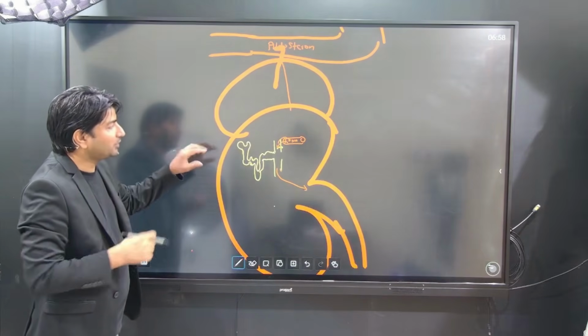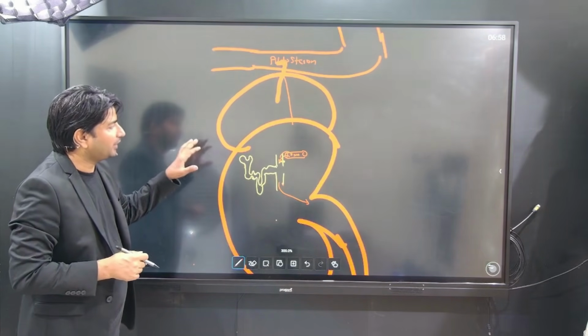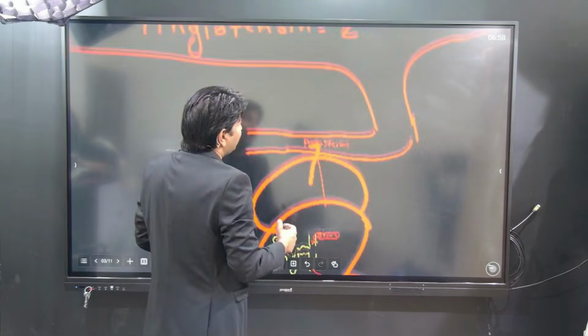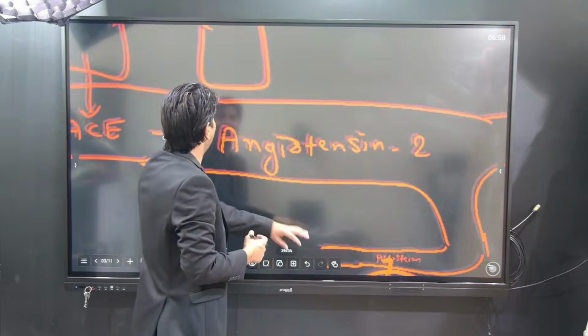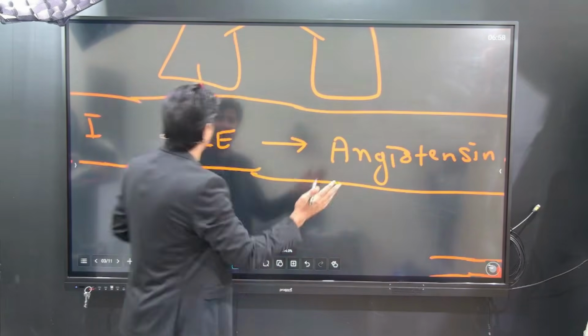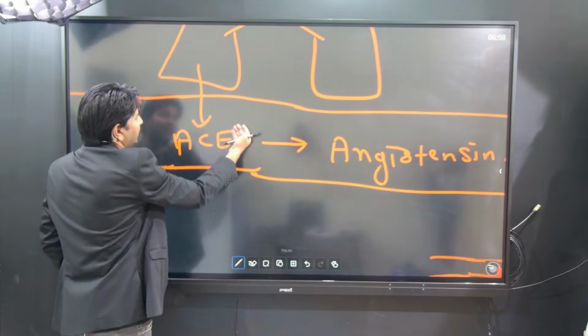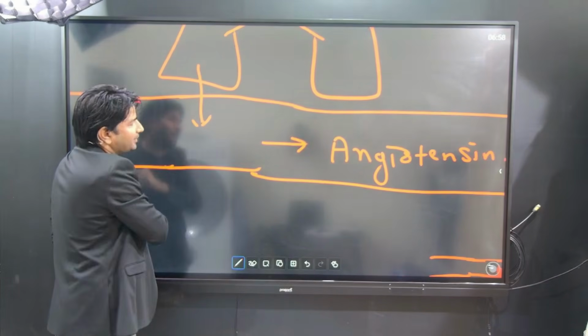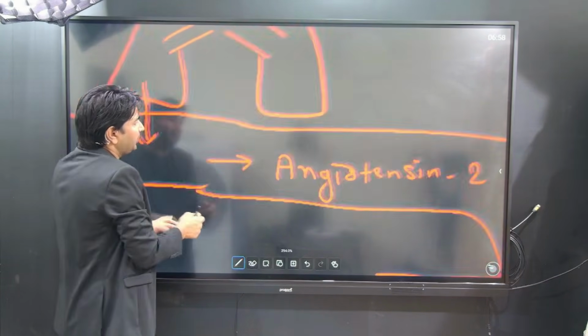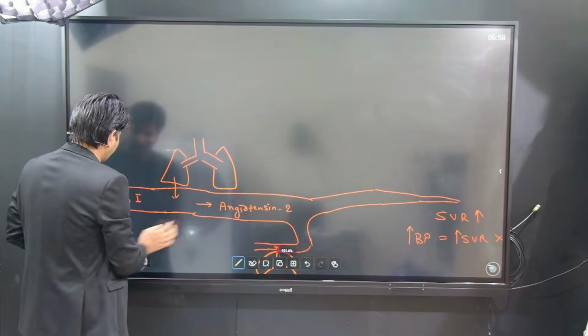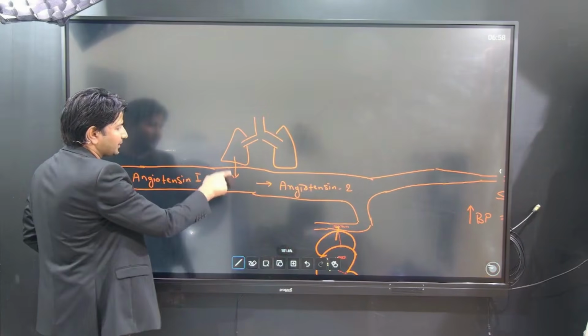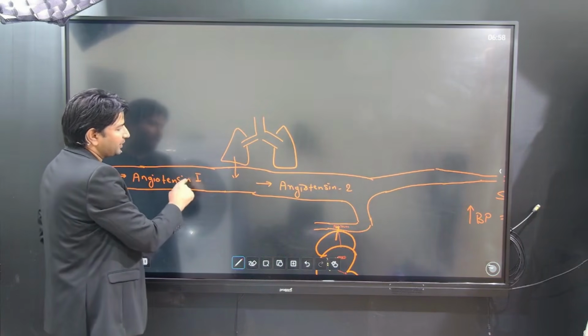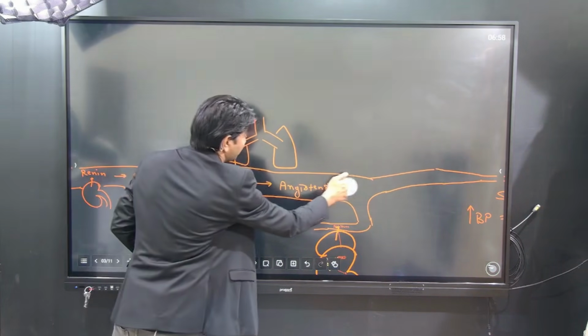But after administering an angiotensin converting enzyme inhibitor, what will occur? If we administer an angiotensin converting enzyme inhibitor, it means there will be no production of ACE by the lungs. If there is no ACE enzyme, then angiotensin 1 will not be converted into angiotensin 2.